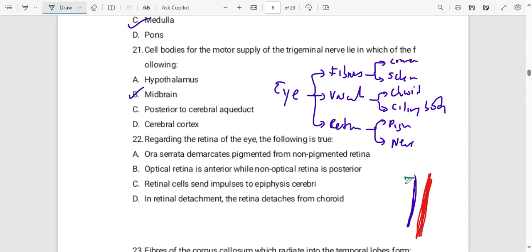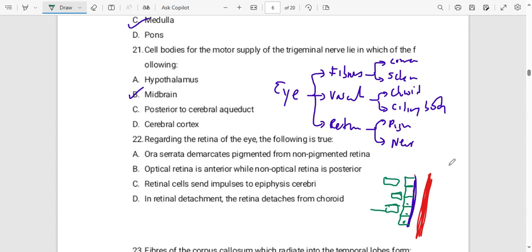For the retina, we first start with the pigmented layer, these are the pigments. Then we have the neuroretina, the rods and the cones, which are connected to the bipolars, and then the bipolars are connected to the other cells.